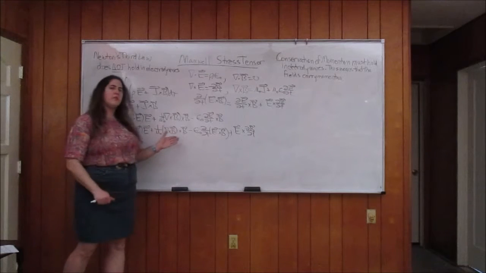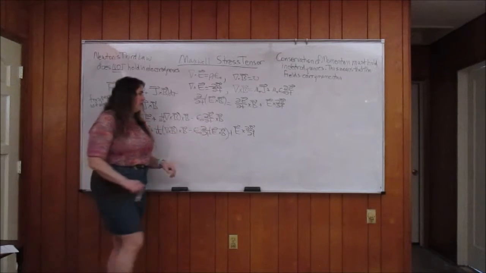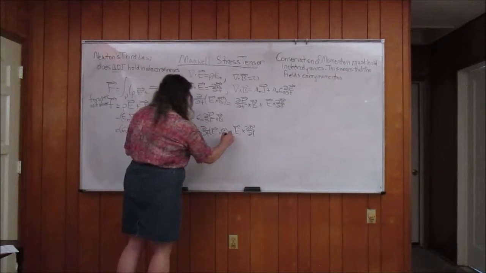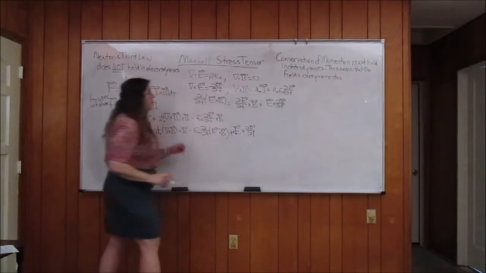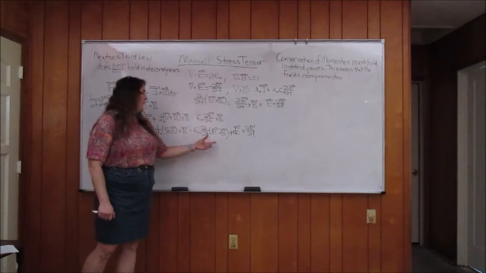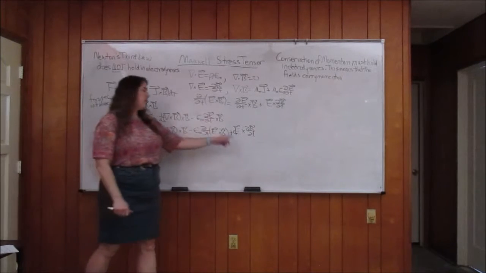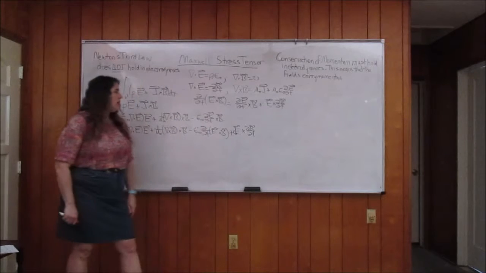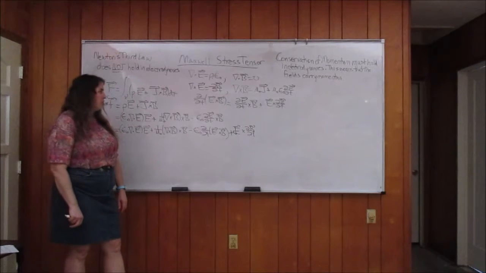The first two terms I've just left the same, and the last term, let's make sure not to leave anything off here, I'm going to have an epsilon naught there. This is minus epsilon naught partial derivative with respect to time of E cross B, plus epsilon naught times E cross the partial derivative of the magnetic field with respect to time.